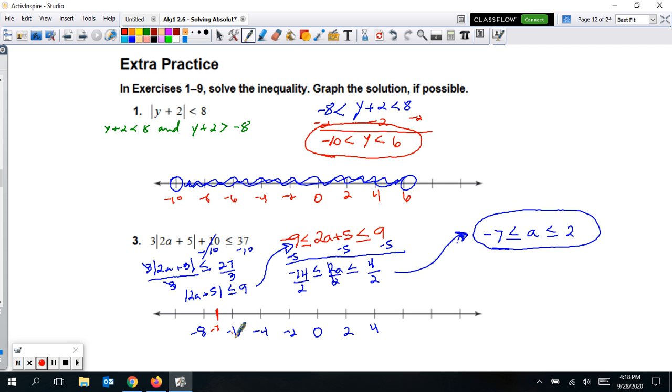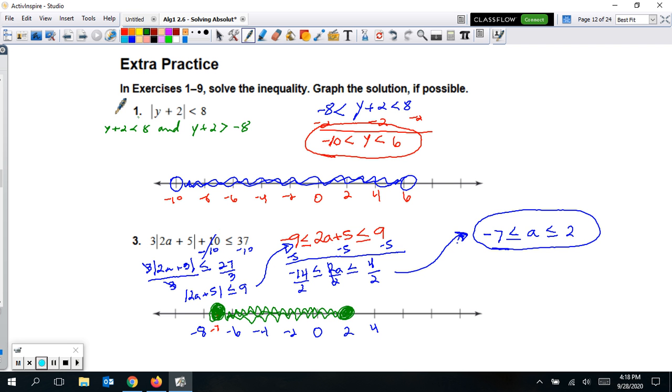So there's negative 7. I'm going to put down closed holes on this one, as you can see, it's got the little equal to. So it's going to have a closed hole at negative 7, a closed hole at 2, and since it's a compound inequality because it was connected with a C, we know it's connected with that less than symbol, and we can shade in between.